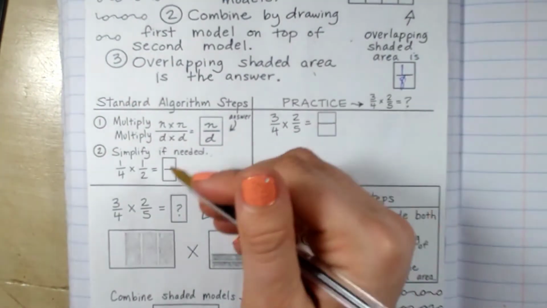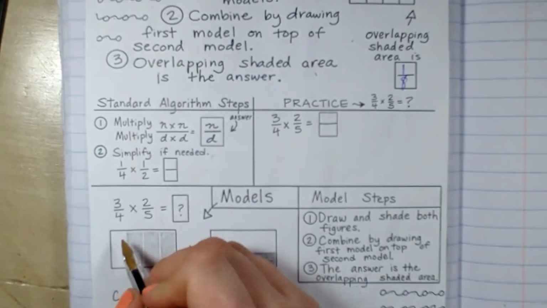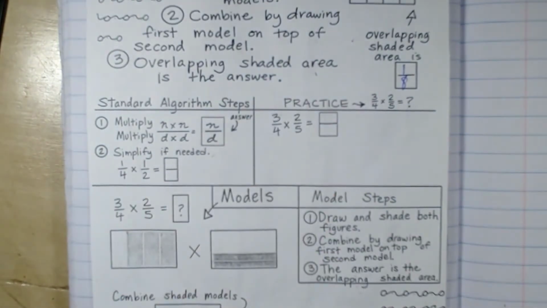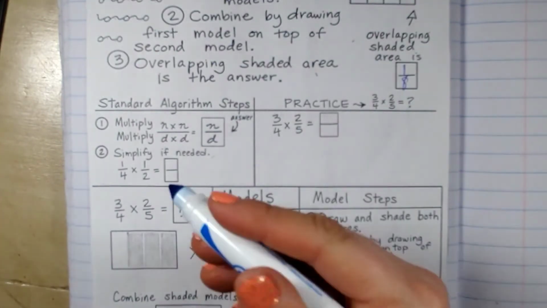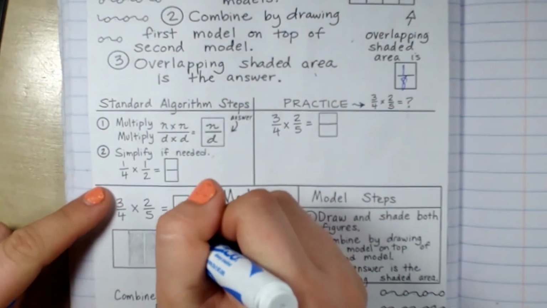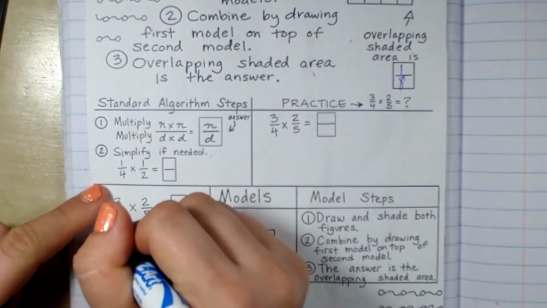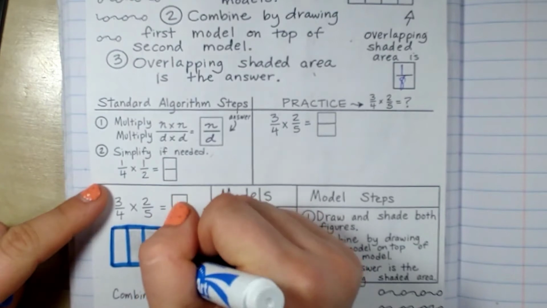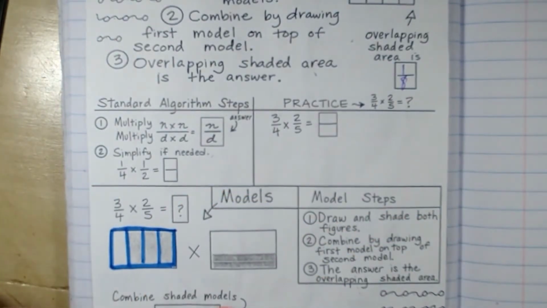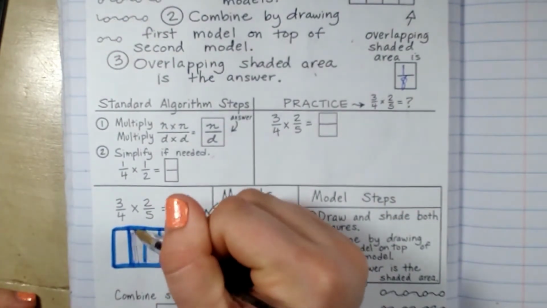So, models. I think I need to get a darker marker, let me get a marker here. Okay. So we have 3/4, so that's 3. I'm going to color the 3.